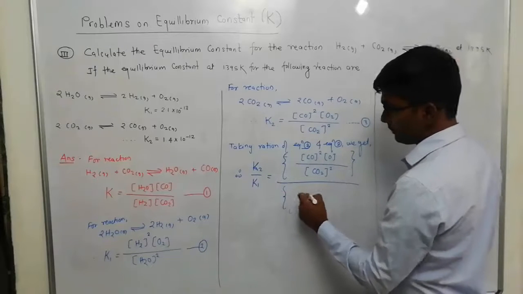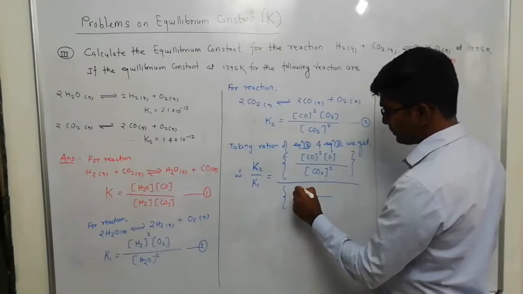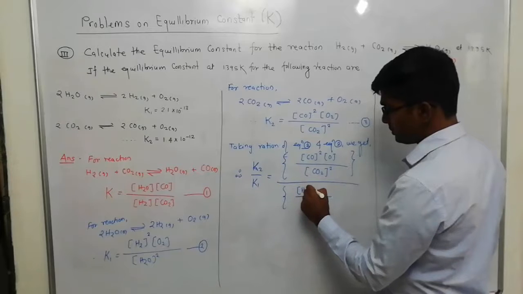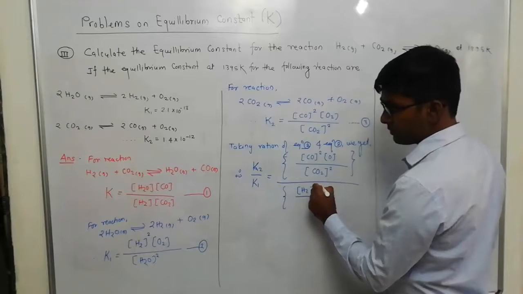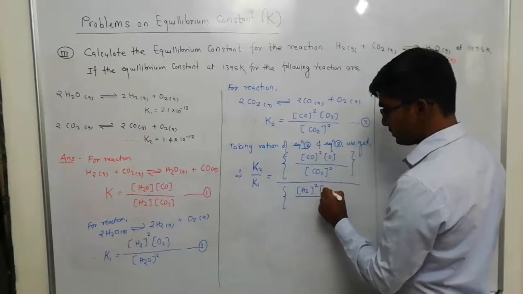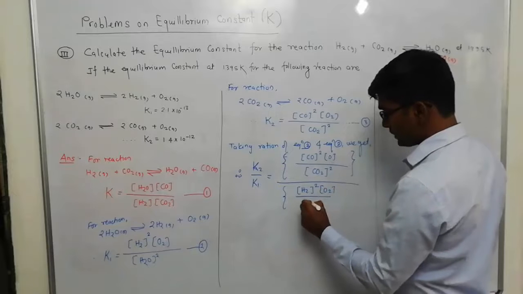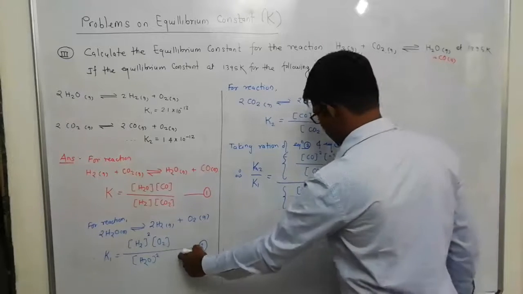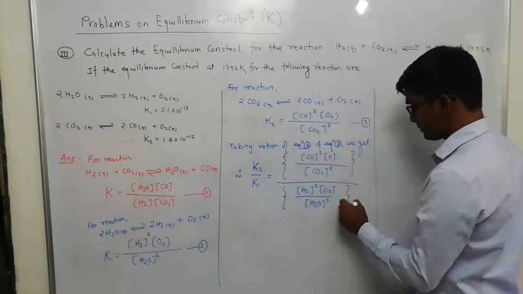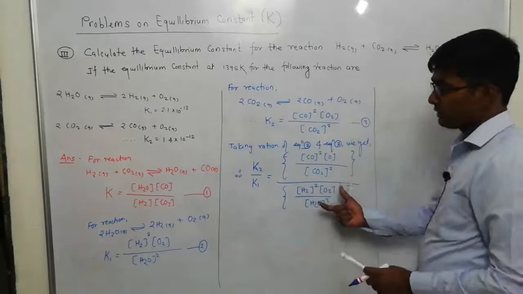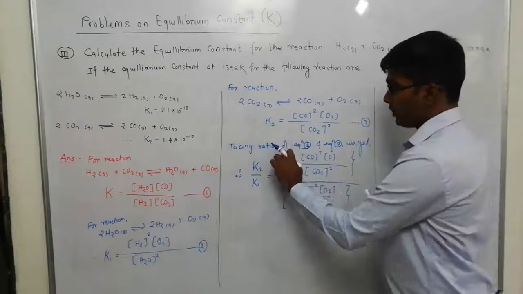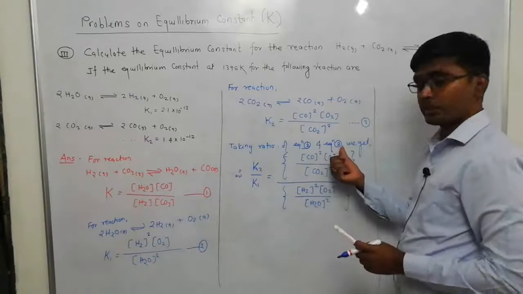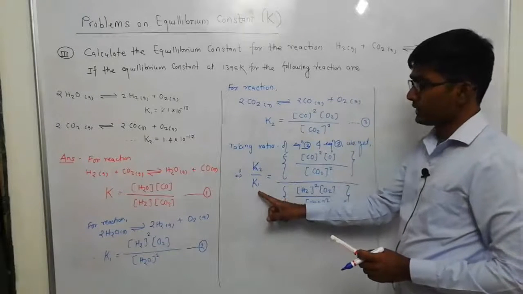What is K1? Concentration of H2 square into O2 divided by concentration of H2O square, from equation 2. What I have done is I have taken the ratio of equation 3 and equation 2, that is K2 upon K1.